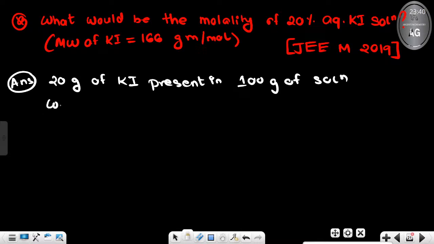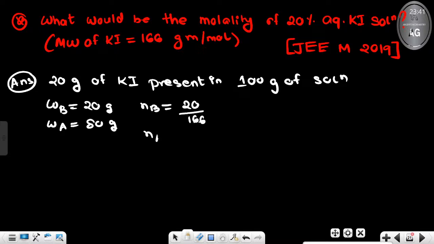So I have to write WB equals to 20, not West Bengal, please. So WB equals to 20 gram. So what is WA? It is going to be 80 gram, right? So what is going to be NB? NB is going to be 20 divided by 166 given, and NA is going to be 80 divided by 18, right?